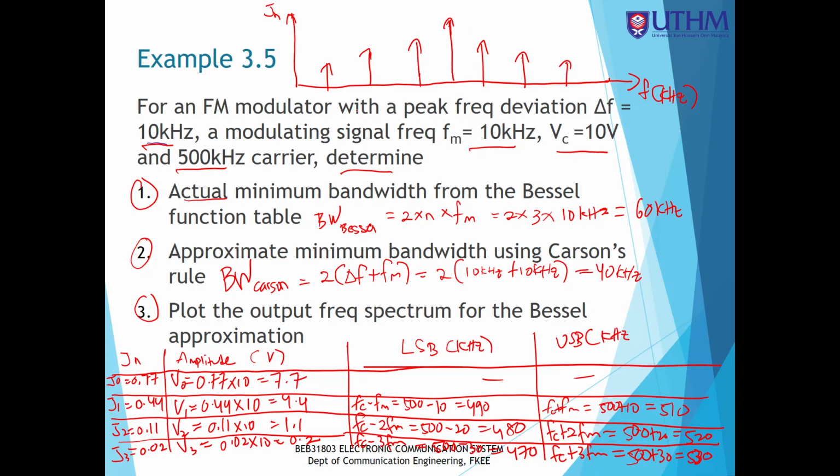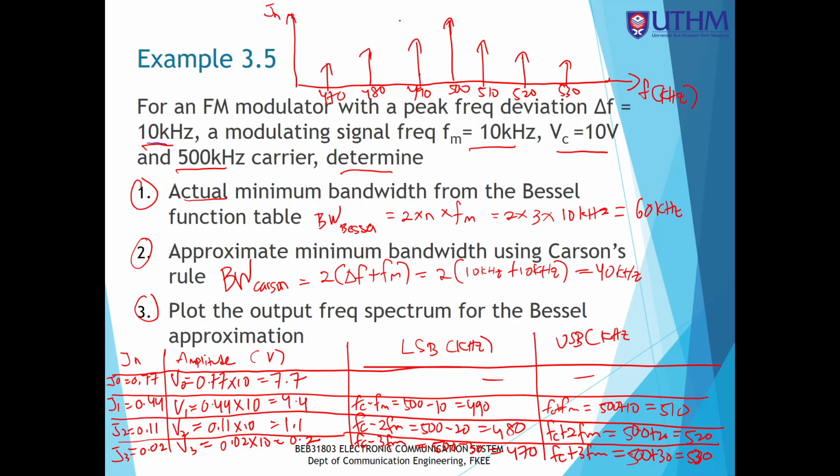So I just put the values. First right here 500, 510, 520, 530. So this is 490, 480, and 470.